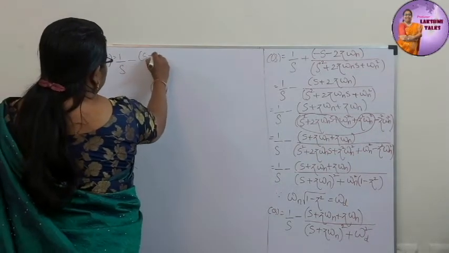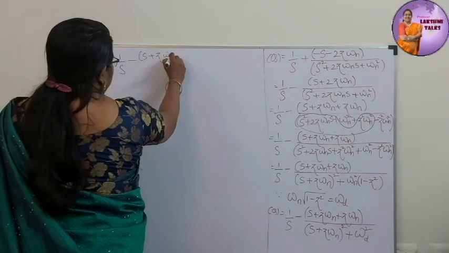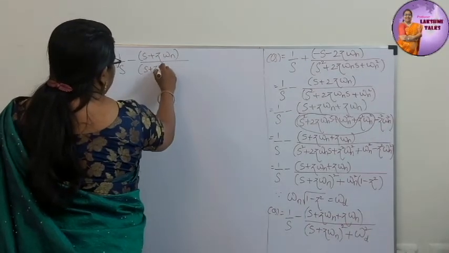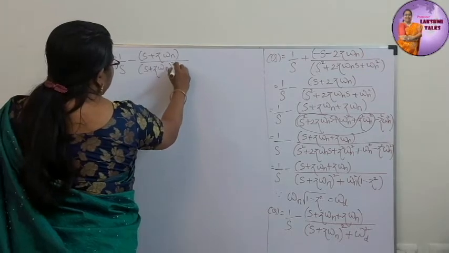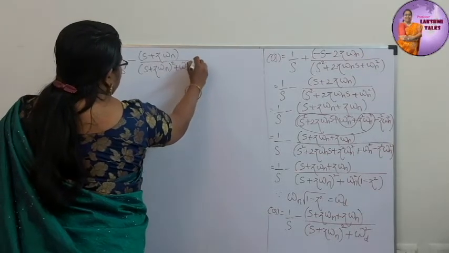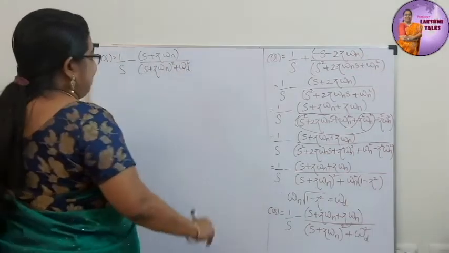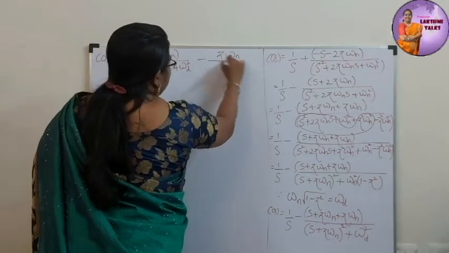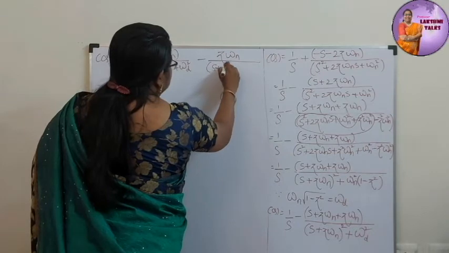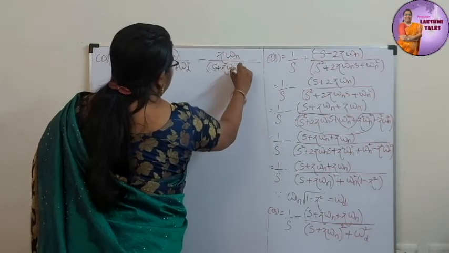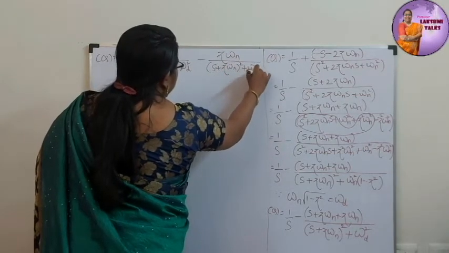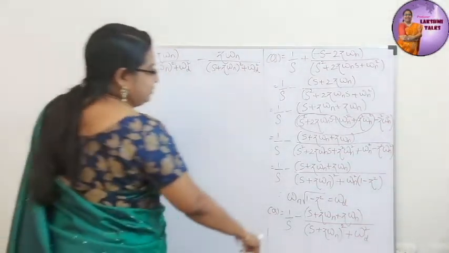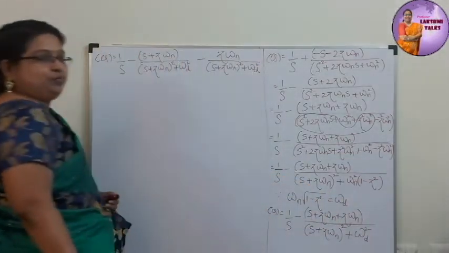Minus (S plus zeta omega n) divided by ((S plus zeta omega n) the whole square plus omega d square), minus zeta omega n divided by ((S plus zeta omega n) the whole square plus omega d square). Am I right? I have split this into two.